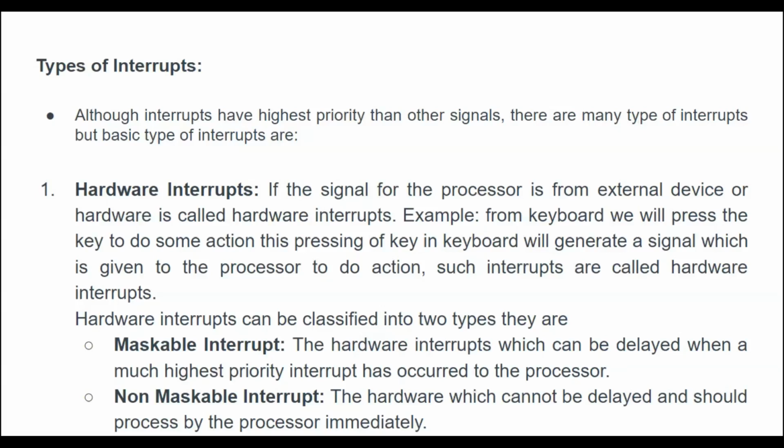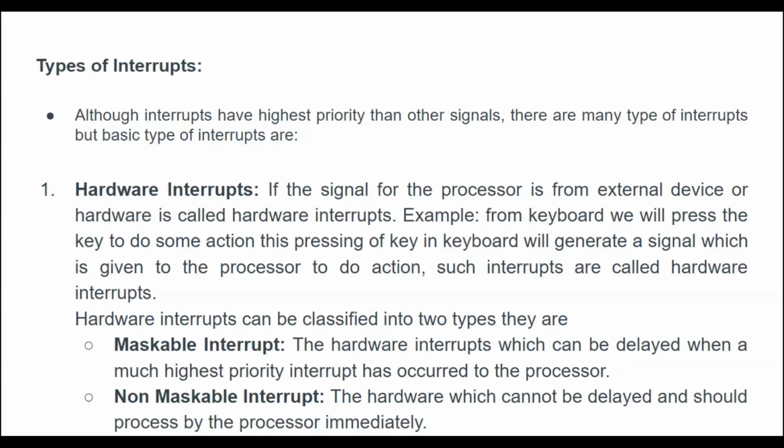For example, when we press a key on the keyboard or move the mouse, they trigger hardware interrupts, which cause the processor to read the keystroke or mouse position. The hardware interrupts can be classified into two types: the maskable interrupt and the non-maskable interrupt.